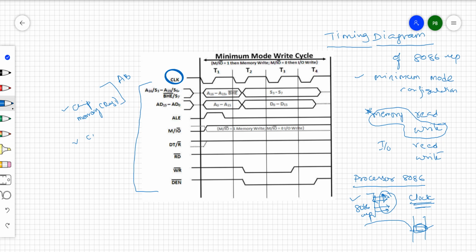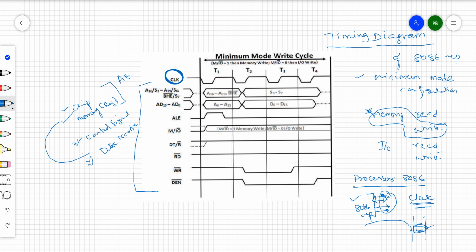Second, it outputs a control signal. Then it makes the data transfer. These three things happen. For addressing the address bus is used, for the control signals the control pins are used, and for the data transfer the data bus is used.